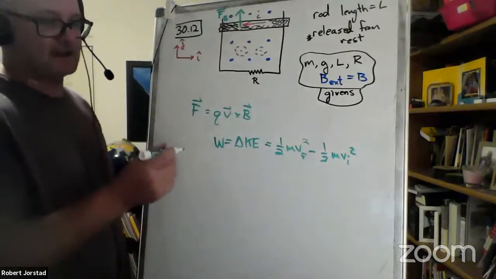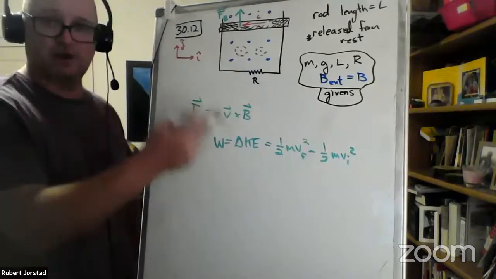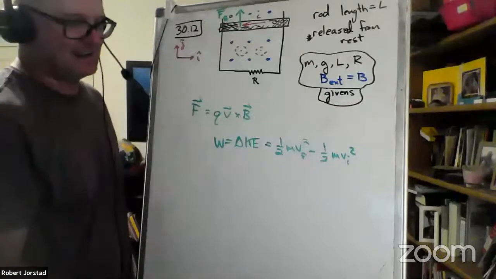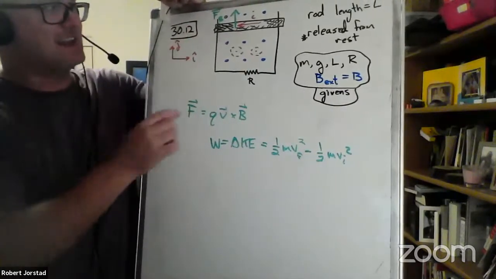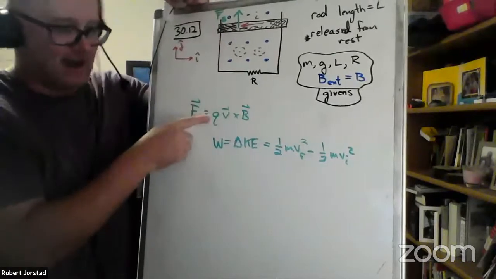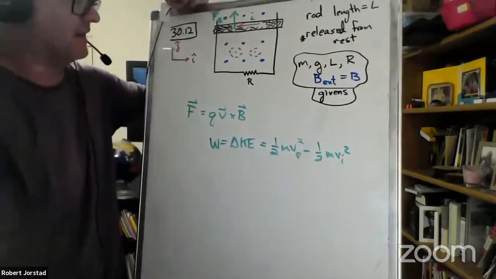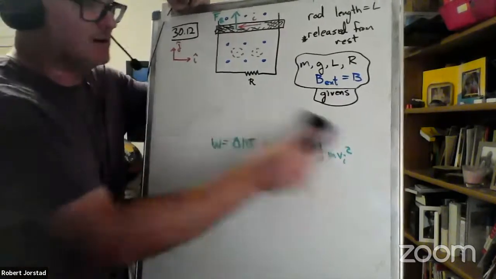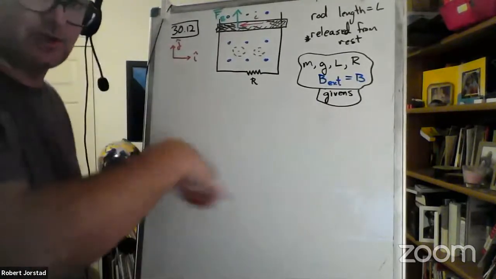But the fact is, in reality, magnetic forces are perpendicular to the motion of a charge. So you might be saying, wait, if it's not doing any work, is it going to slow you down? In this case, it's the magnetic force on a rod, not on a moving charge, so they're a little bit different. I'm probably just confusing you, so let's move on. Magnetic forces on a moving charge should do no work.